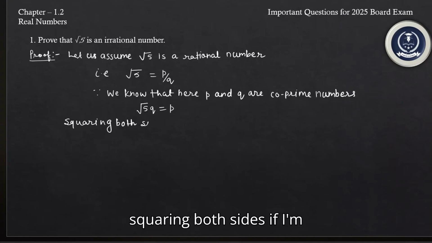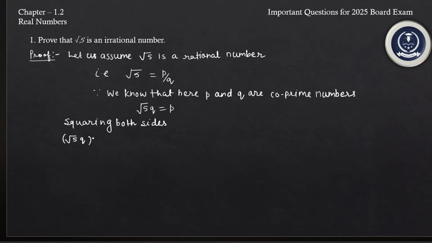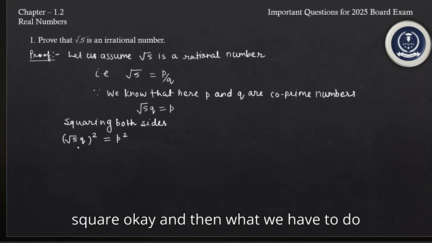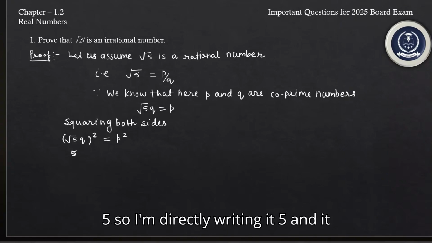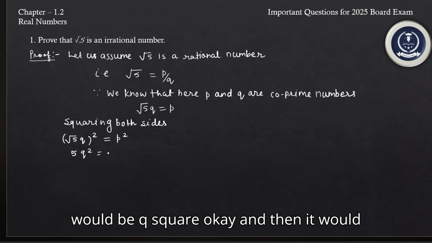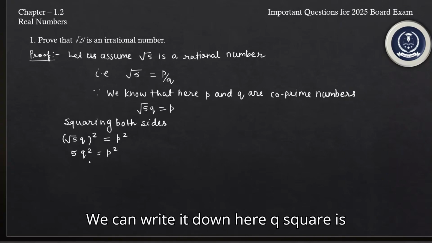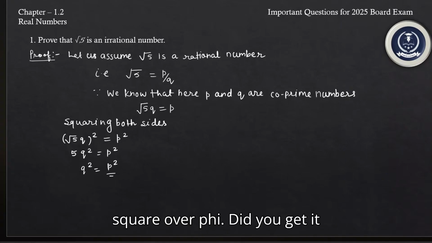Squaring both sides, we get root 5 whole to the power of 2 times q square equals p square. Root 5 squared is 5, so it would be 5 q square equals p square. So we can write q square is equal to p square over 5.